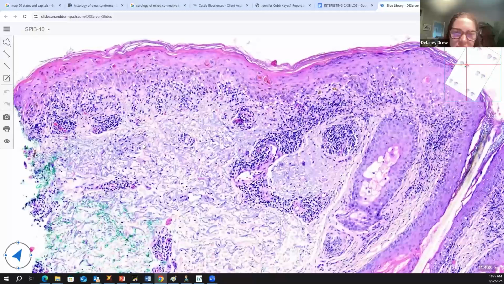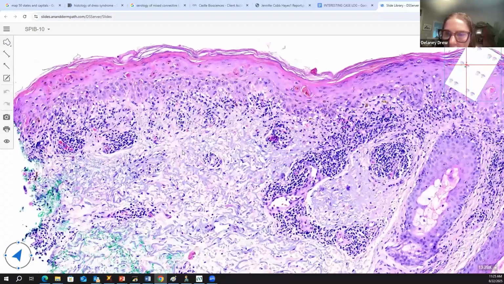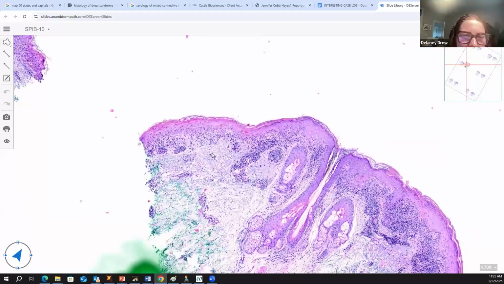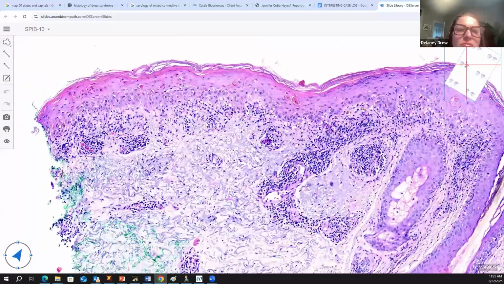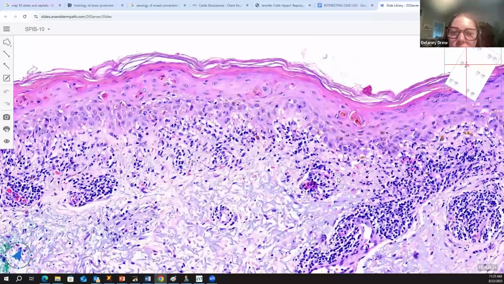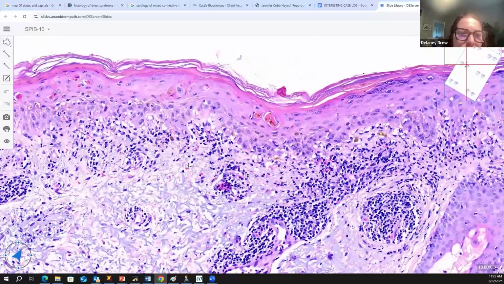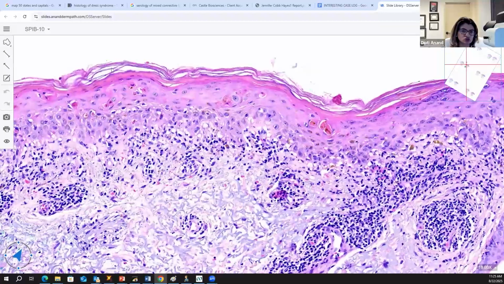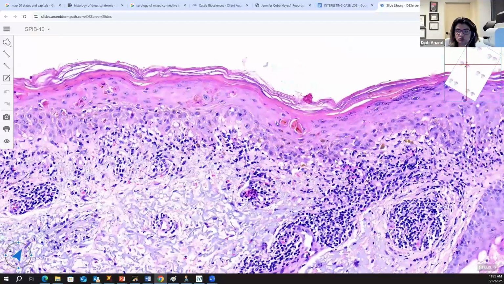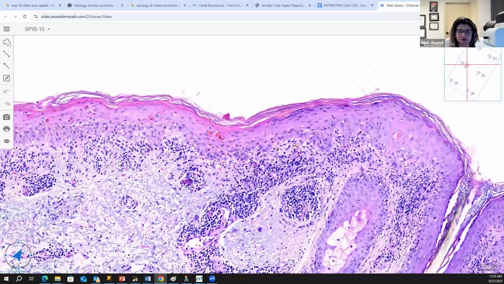The inflammation doesn't seem to track down the hair follicle. So you described an intact stratum corneum, right? Corresponding to that, what should the basement membrane be?